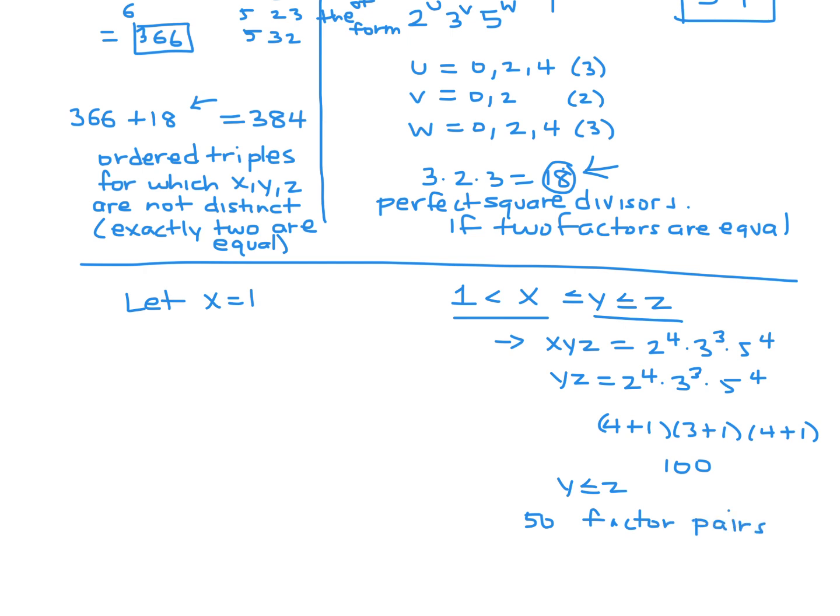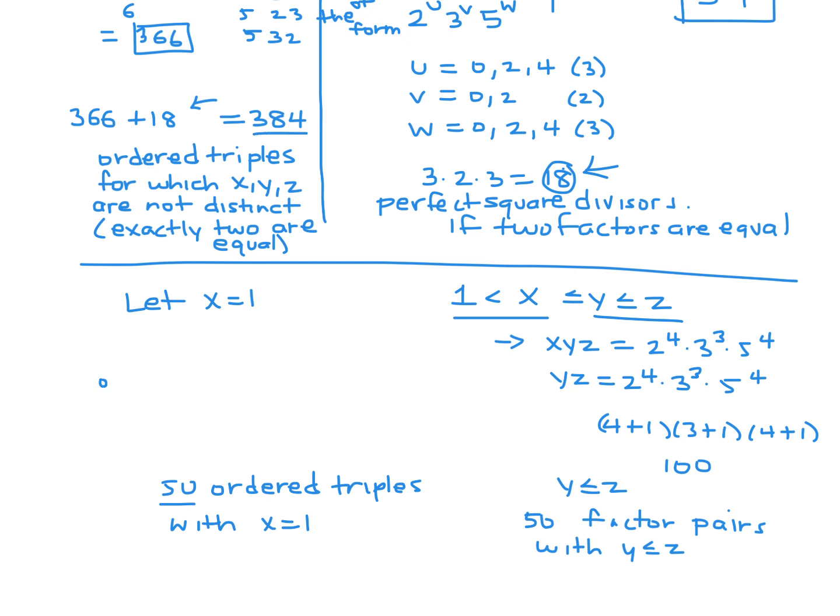Yeah, this is 100 divisors, right? There'd be 50 factor pairs with y less than or equal to z. So there'll be 50 ordered triples with x equal to 1.